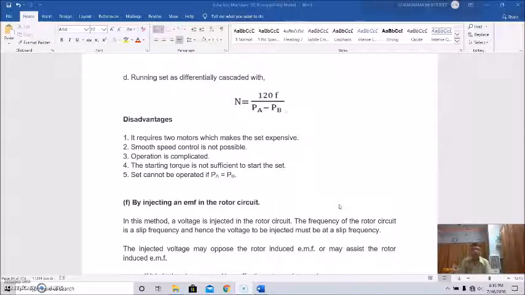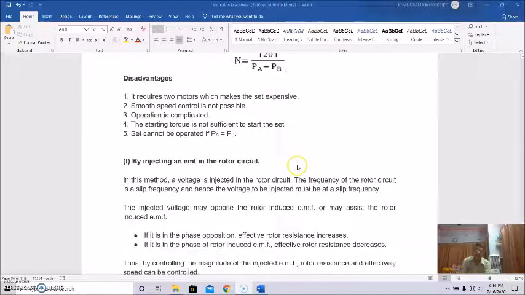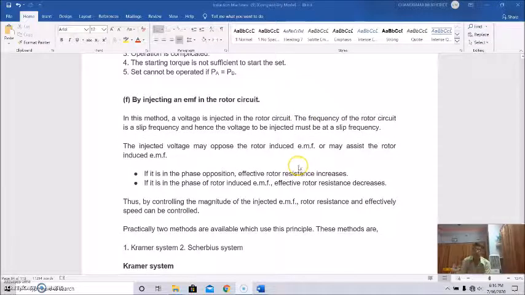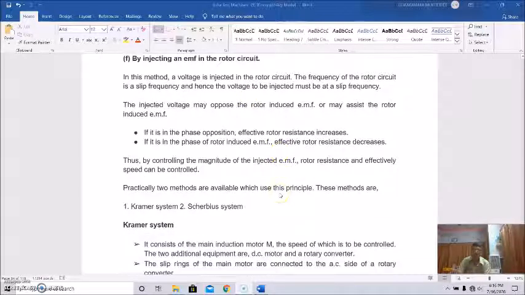So in the next class we'll discuss speed control by injecting EMF in the rotor circuits. Here we'll discuss particularly two methods, the Kramer system and the Scherbius system.